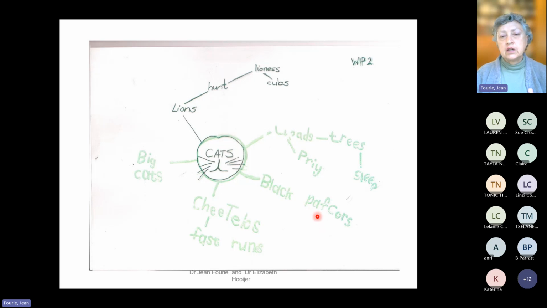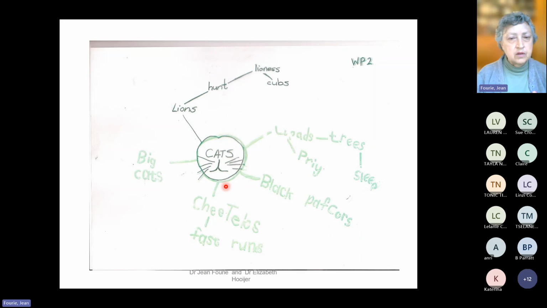So if the child does not say the word panther correctly, then you can also assist. And we can see that by the spelling of P-A-F-C-O-R-S. So this was really a wild guess at the spelling that the child was making here. That would be a really good opportunity to take that particular word and learn how to spell panther correctly.